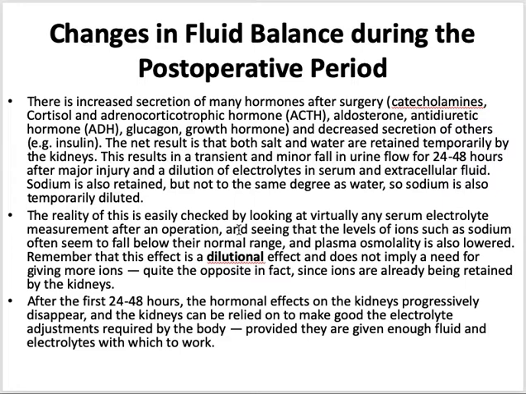Of course, there are a lot of hormones like cortisol, catecholamines, ACTH, aldosterone. All these hormones are released as a result of sympathetic activation, or you can say these are all increased in response to the fight and flight response.